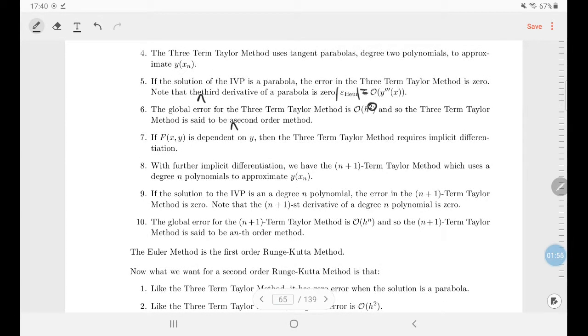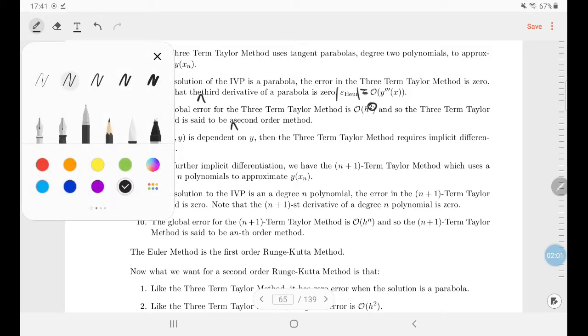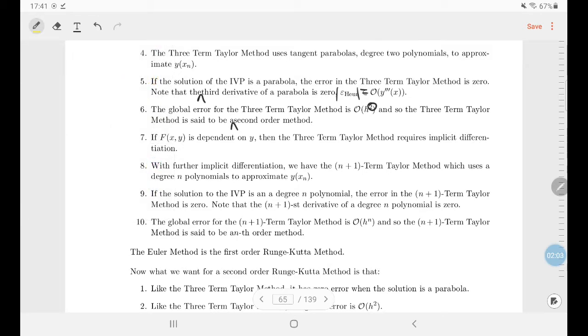If the initial value problem derivative is dependent on y, then the three-term Taylor method requires implicit differentiation, and you must understand that that is a pain for you. With further implicit differentiation, you have the n plus 1 term Taylor method. So you have the 4-term Taylor method, the 5-term Taylor method, etc., which uses degree n polynomials to approximate.